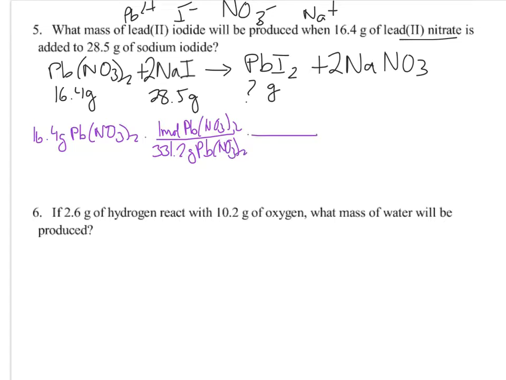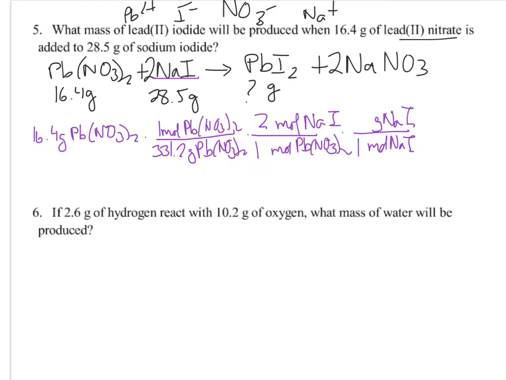And then we're going to go for moles of Pb(NO3)2 to moles of my other reactant, which is NaI. And that's a 1-to-2 ratio. And then finally, we're going to go for moles of NaI to grams of NaI. 1 mole of NaI is 149.9 grams.